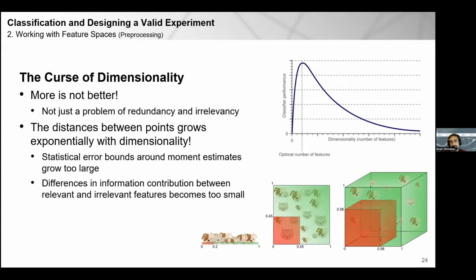And if you add dimensions to your data without adding density, meaning adding samples to your data, so if you have 100 people in your data set and you go from two features to three features, as shown in this little demonstration of a classifier that's trying to classify cats versus dogs, which is actually a classic example in machine learning and image processing, what happens to your estimates of the mean of each class, or not just the mean, but any moment estimators?